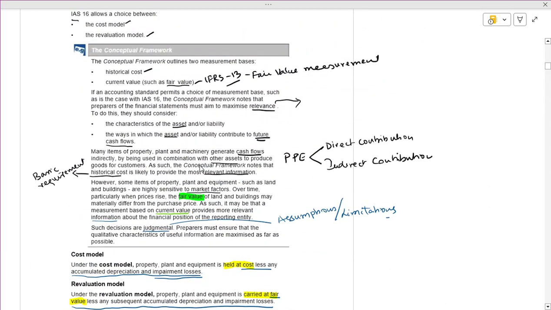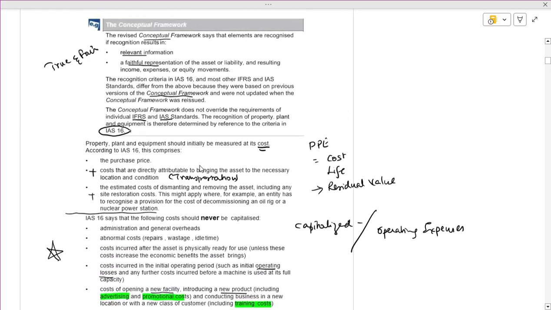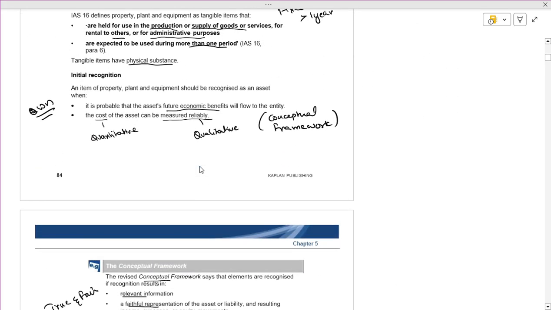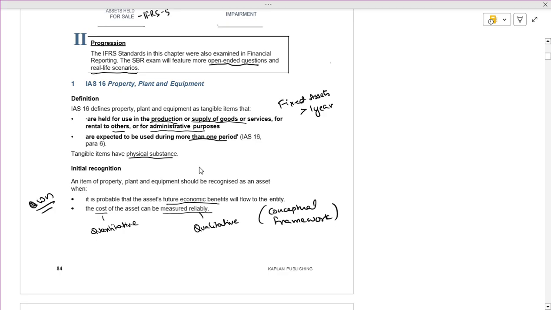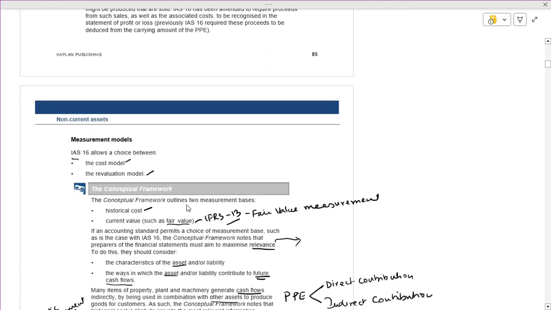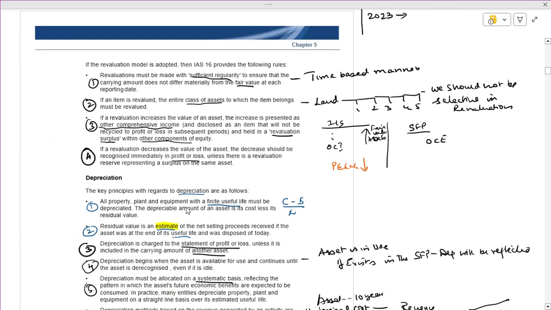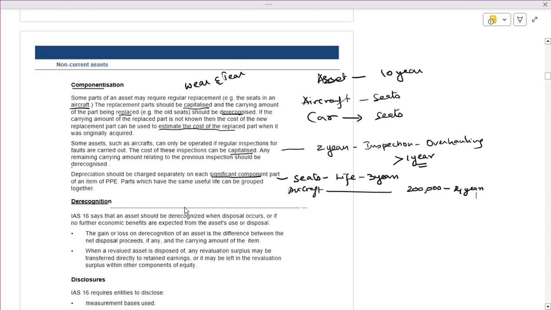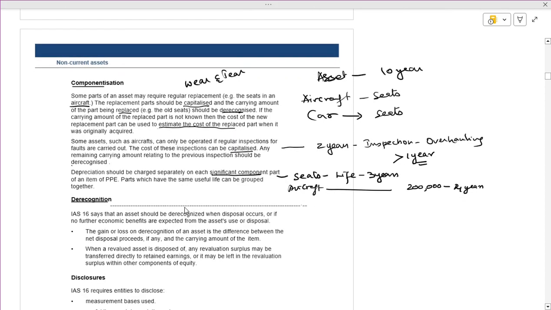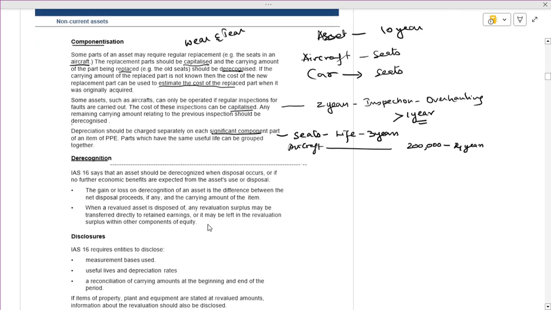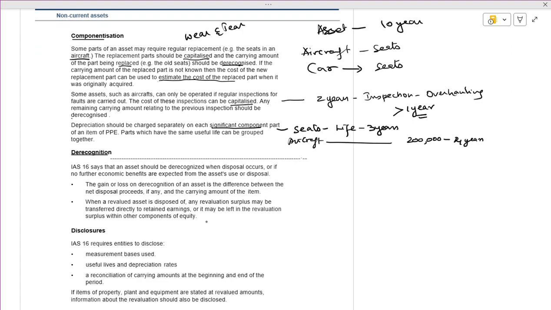Now, we have done very systematically in terms of how it has to be measured. What is the conceptual framework in terms of IAS 16? We have the measurement models, cost model and revaluation model, the concept of depreciation, the concept of componentization. And the next one, how do you de-recognize when disposal occurs, or if there are no further economic benefits, then you have to de-recognize.